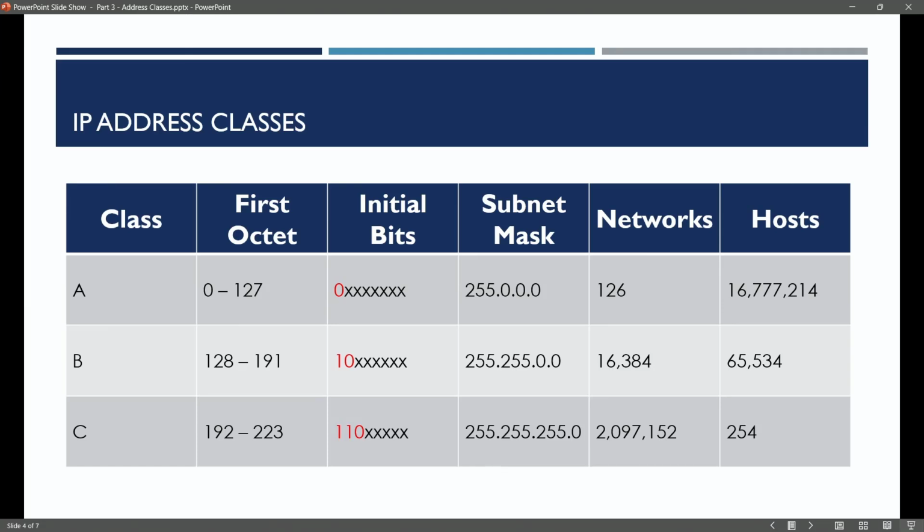And as far as some of the memorization that goes here, notice the default subnet masks. Pretty easy to memorize, right? Starting with the first octet, then moving to 2 octets, then moving to 3 octets. And as far as the decimal number you would have in your first octet, it goes from 0 to loopback. Then it goes from the loopback, if you will, up to 191, because the next range is 192.